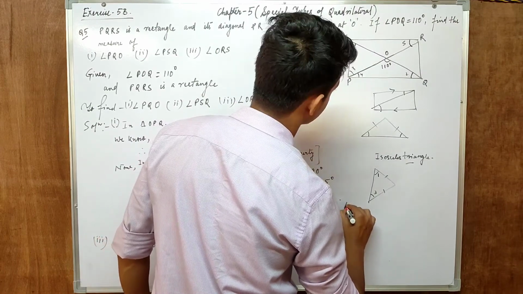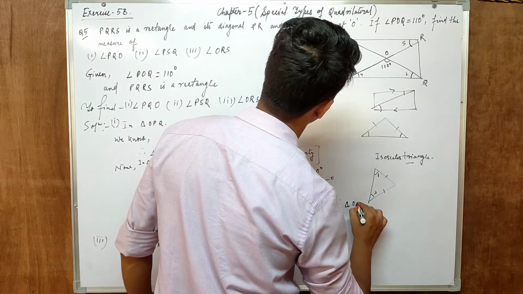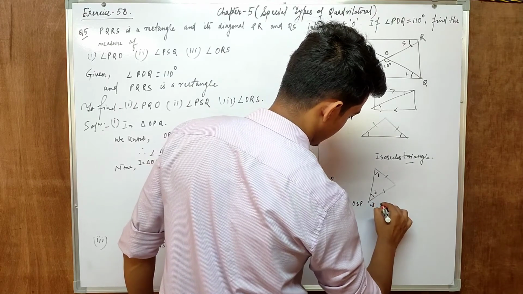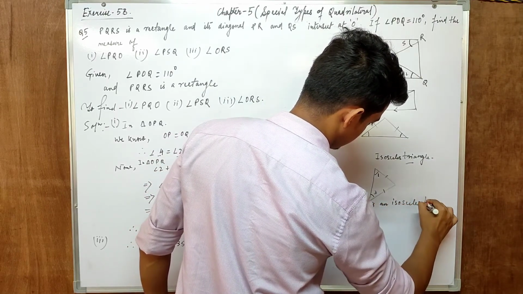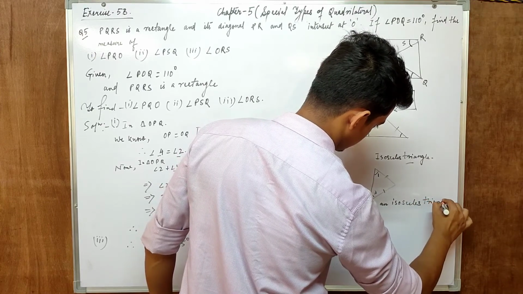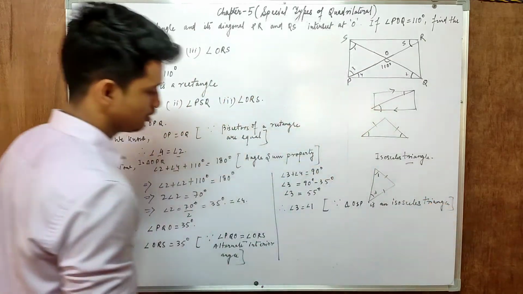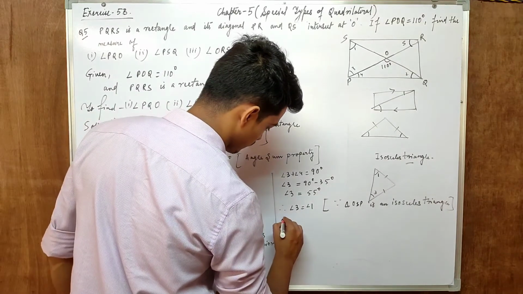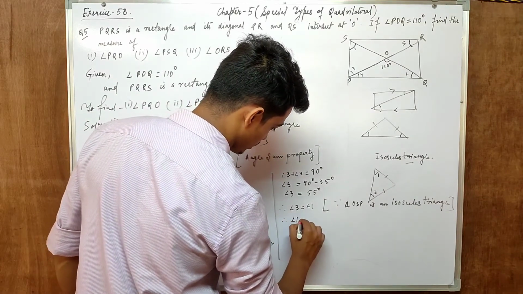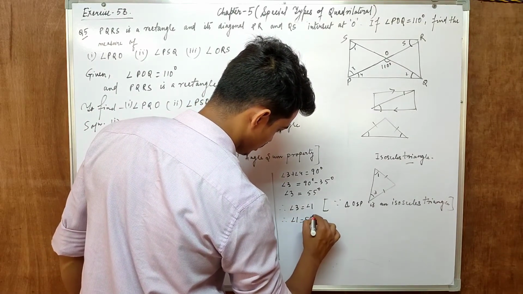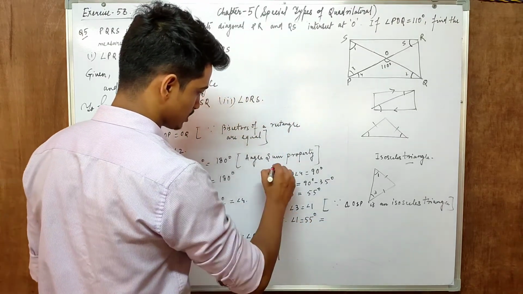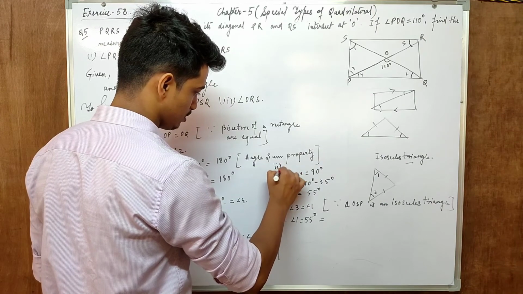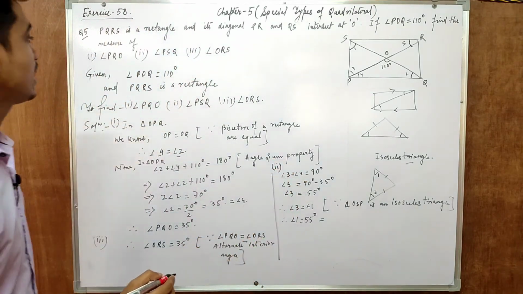Since triangle OSP is an isosceles triangle. So angle 3, therefore angle 1 equal to also 55 degree, which is the second question, you can write over here, that is angle PSQ.